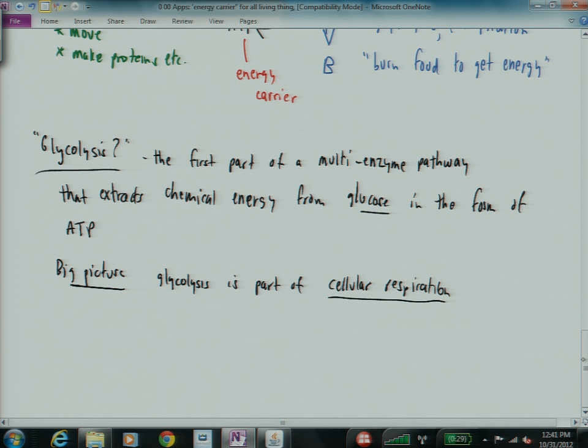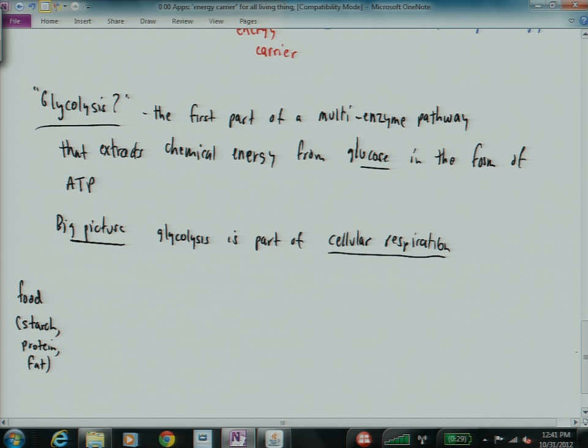And basically food, especially starch, but also protein and sometimes fat by a longer and more circuitous route, gets by digestion and processing, it becomes glucose in your blood. And this is a sugar, C6H12O6.